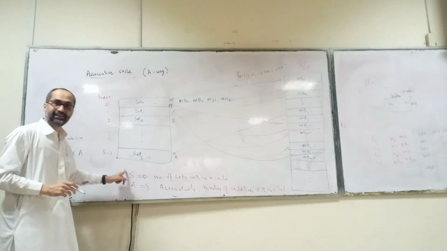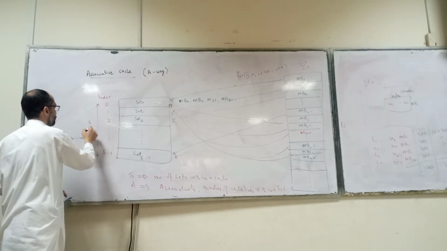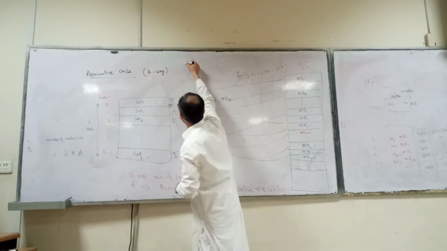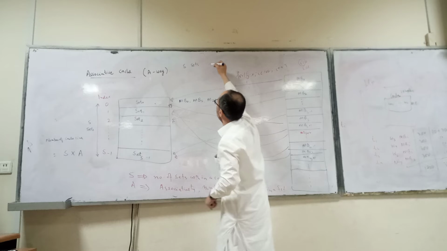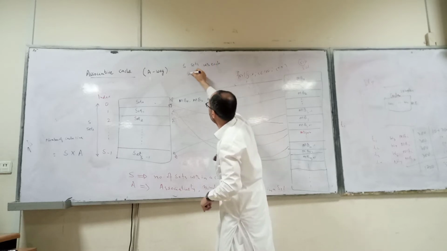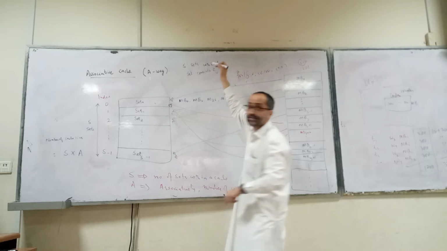There are S sets. Each set consists of how many lines?